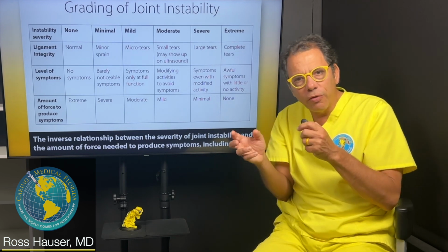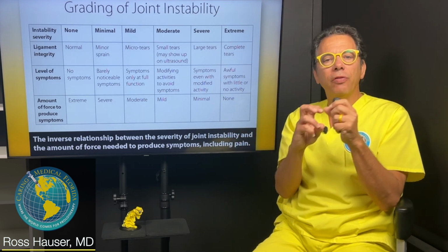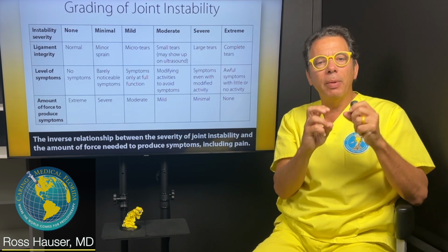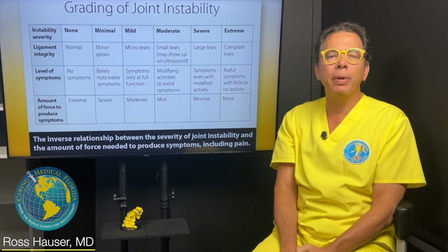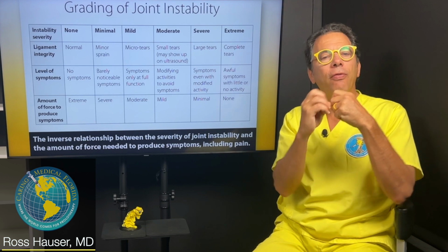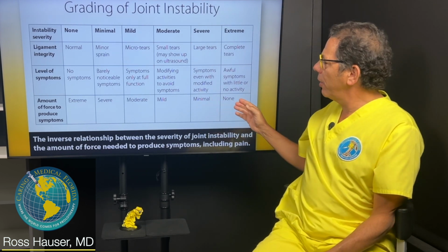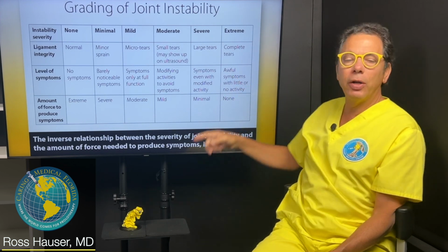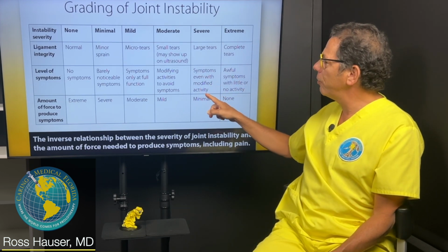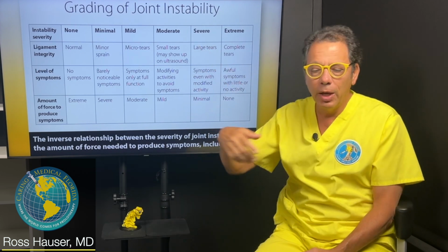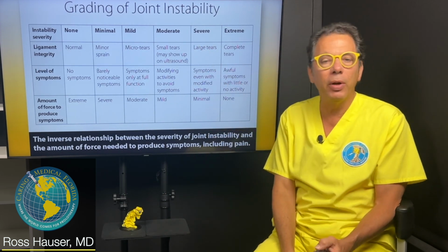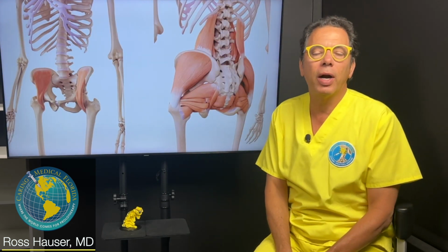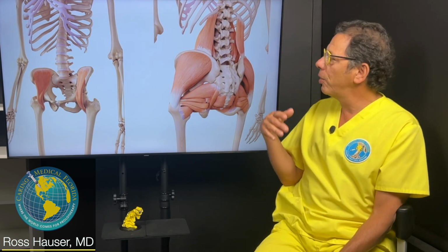So the more unstable the hip is, the more the ligaments are dysfunctional and incompetent, the less it can handle the forces on it. Like here it says awful symptoms with little or no activity, severe symptoms with just a little bit of activity. So the more unstable it is, the more symptoms there are with less force.